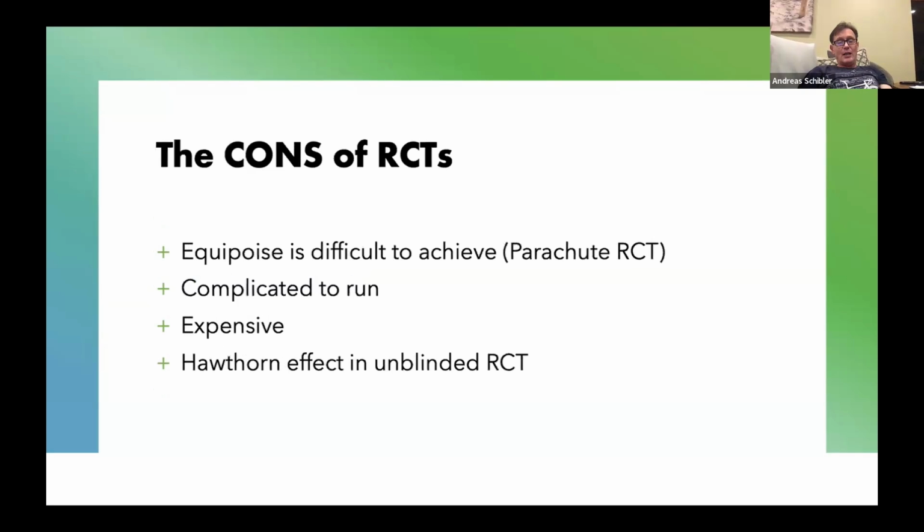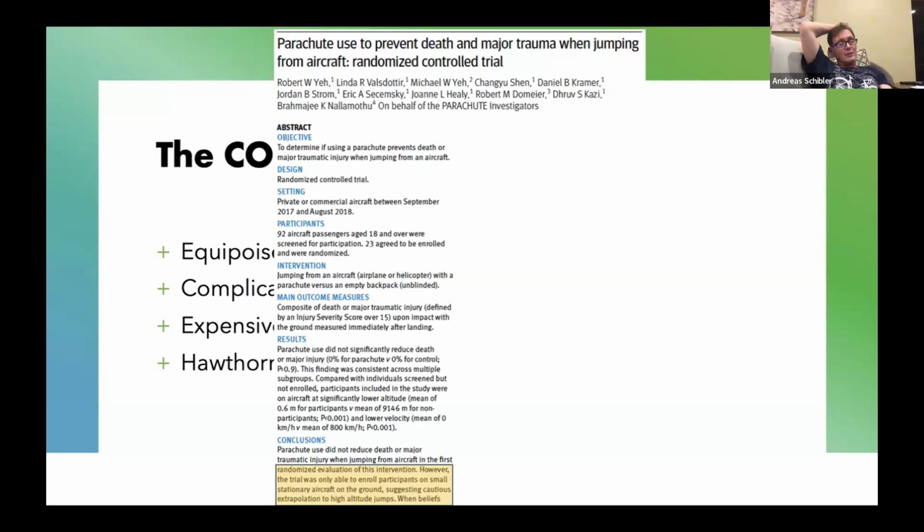Now, the cons and pros, or more the cons of an RCT. I had performed several RCTs, and finding equipoise, is an intervention valid to be applied, we had many arguments. I'm just showing you this trial here. They trialed the parachute trial, which means that they jumped off an airplane with and without parachute and asked the question, what is the survival?